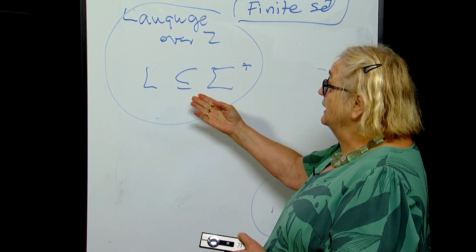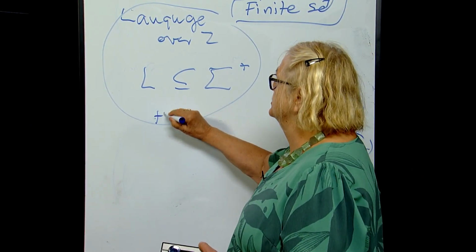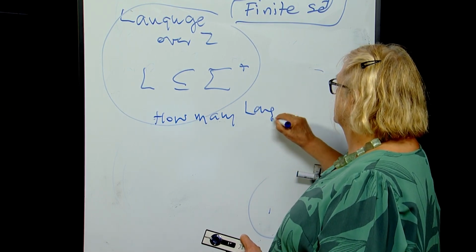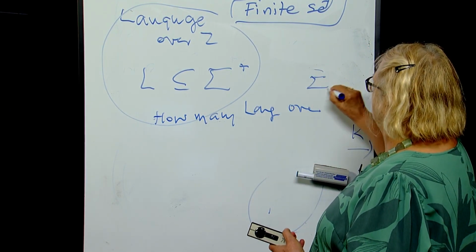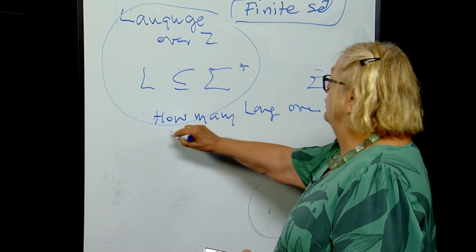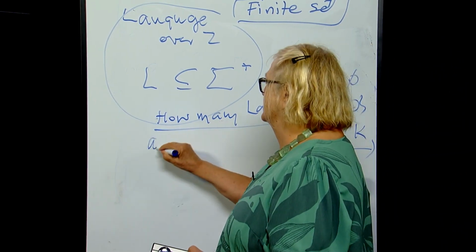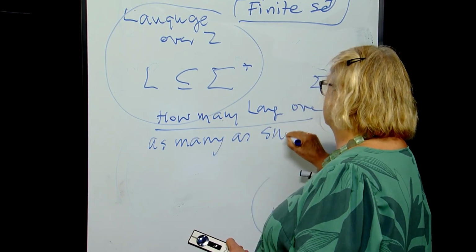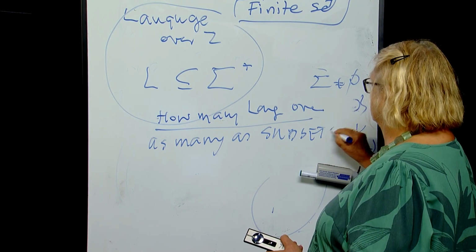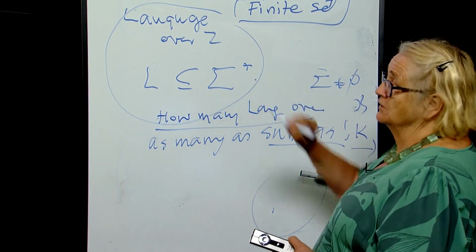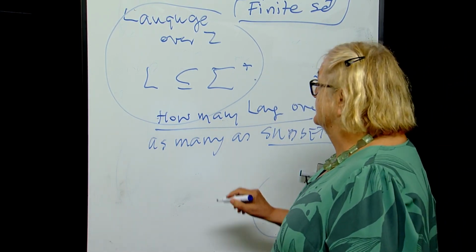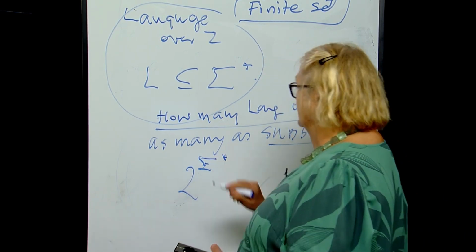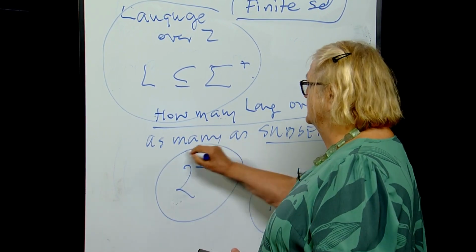But if you take how many languages over a non-empty sigma there are, what does it mean? As many as subsets of sigma star, right? So as many as subsets of sigma star.